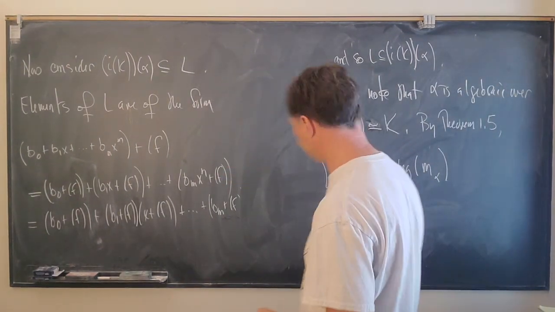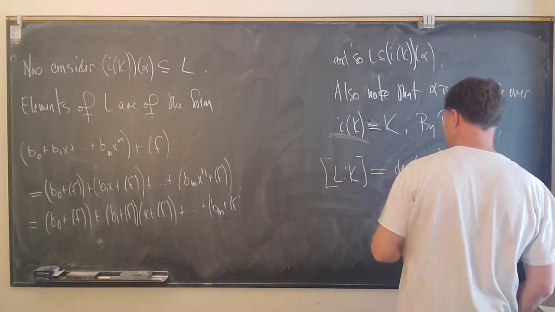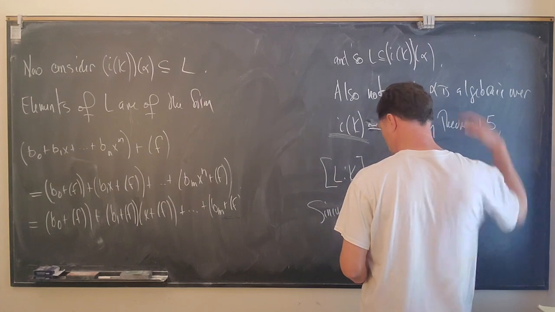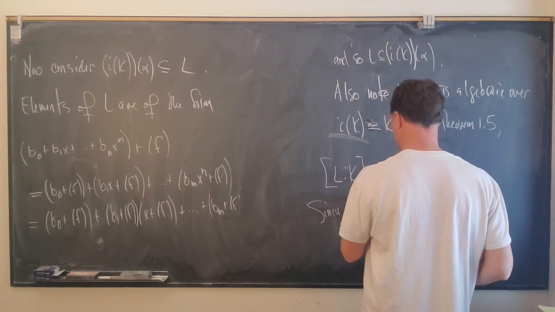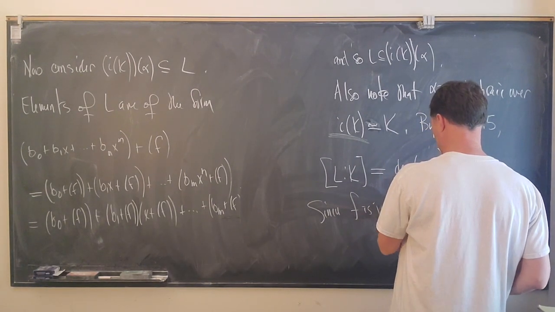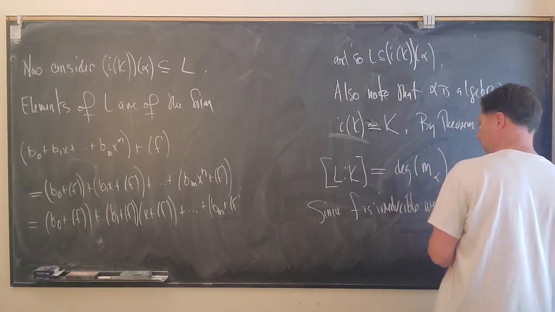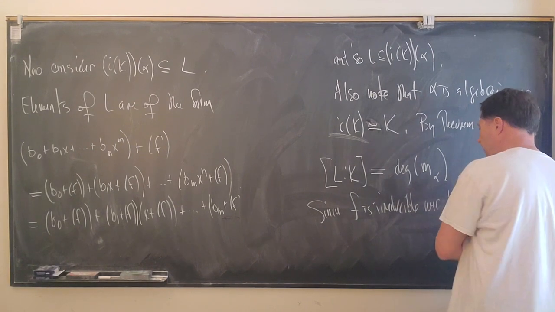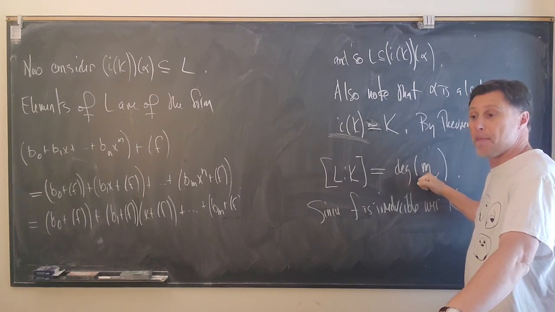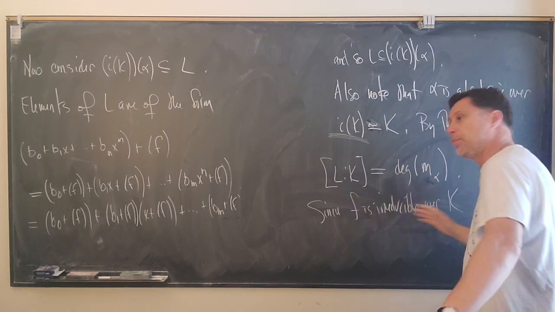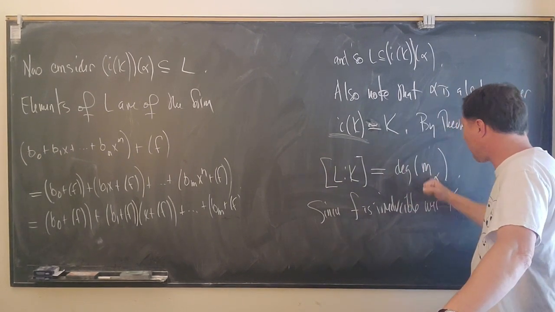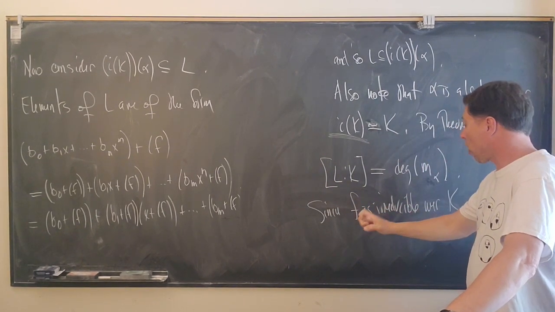Now, since F is irreducible over k, what do we have? We know that the minimal polynomial is just a monic version of F. Pull the leading constant out and then divide it away, and you've got the minimal polynomial. So what does that tell us?